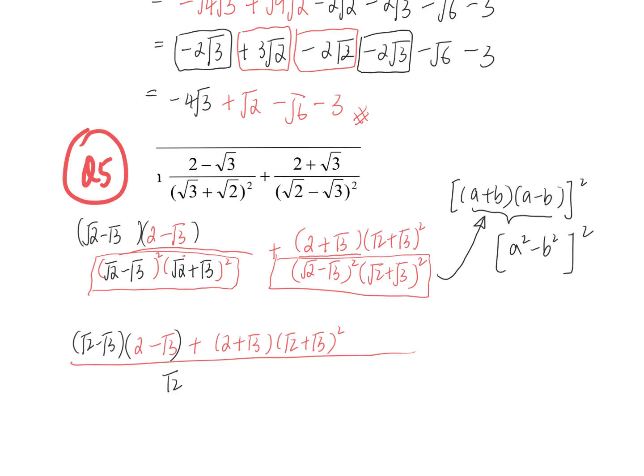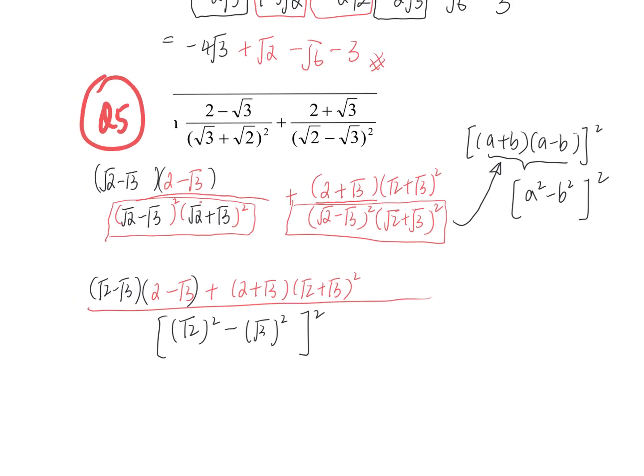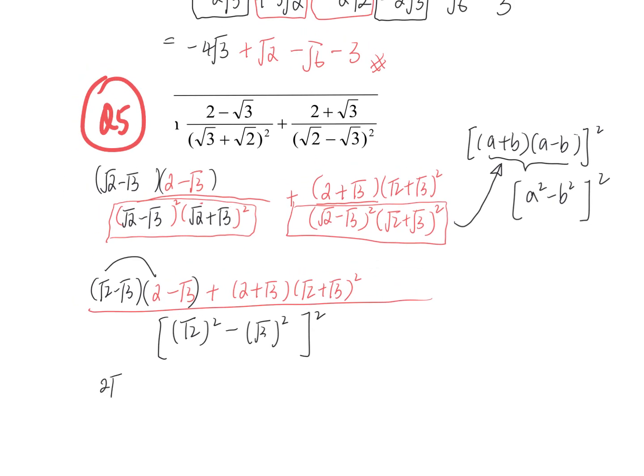So my a square is this, my b square is this, and then I actually have to square the outcome. So numerator as per normal, expansion shouldn't be a problem for you. Okay, this one I think you should keep it first and expand this one first.